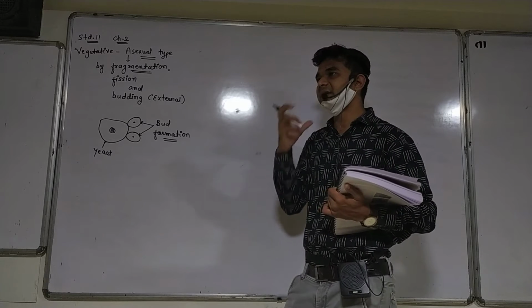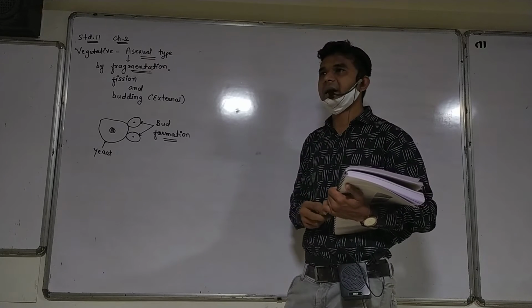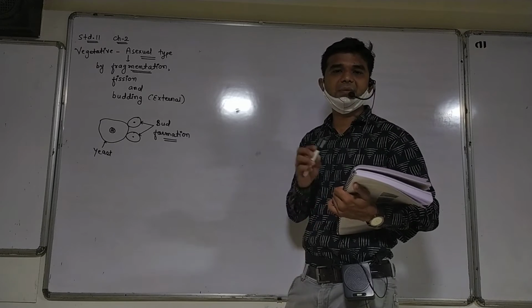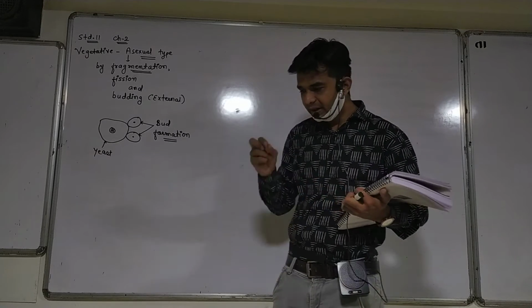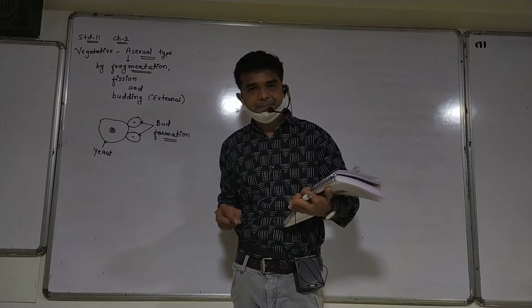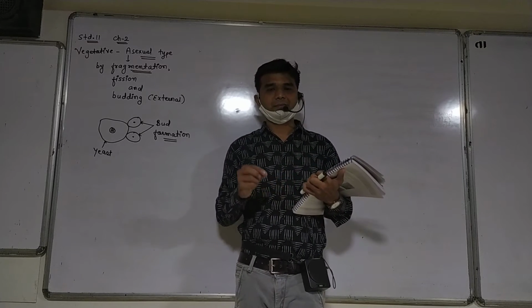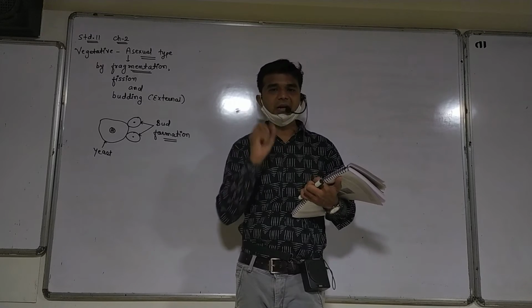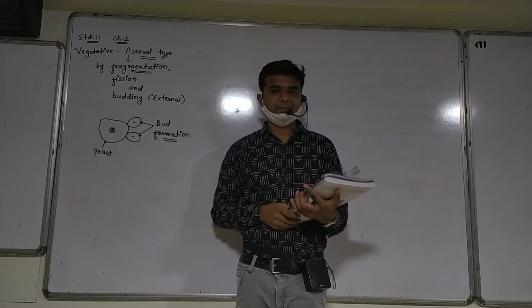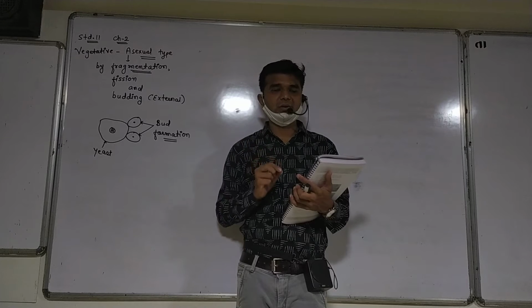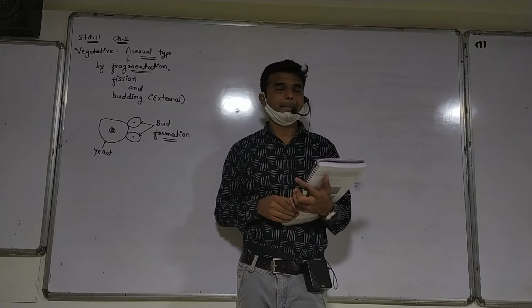Similarly, if you remember, in Hydra there is external budding. In Hydra, on the side of the body, due to cell division, a small node-like structure is generated, and this is known as a bud on the outside of the body.